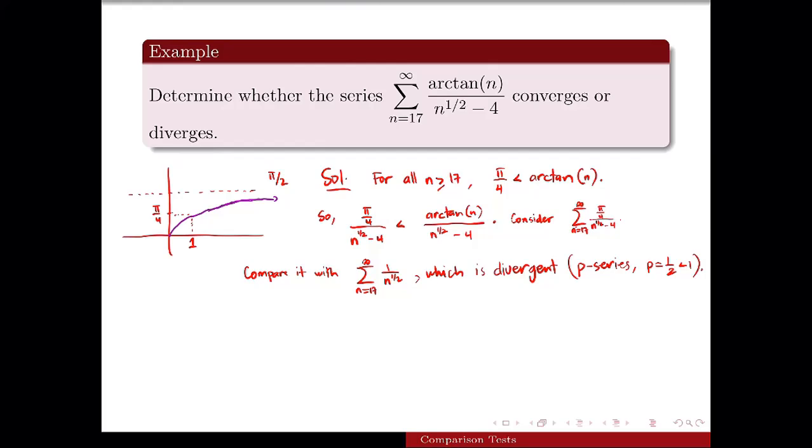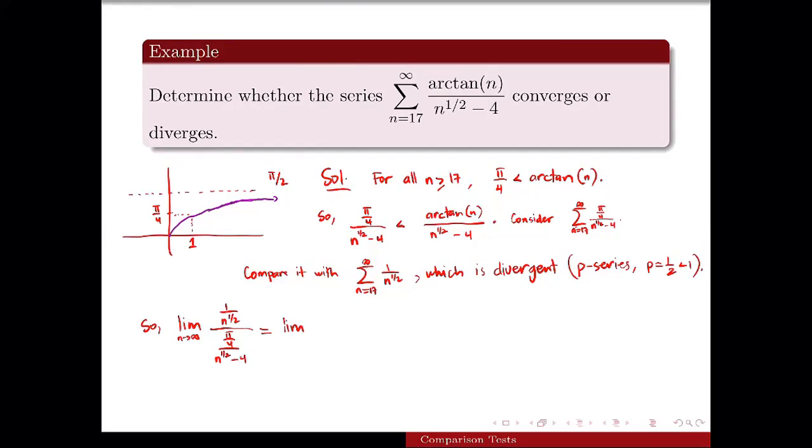Okay? So limit of 1 over n raised to 1/2 divided by pi over 4 all over n raised to 1/2 minus 4, n approaches plus infinity.